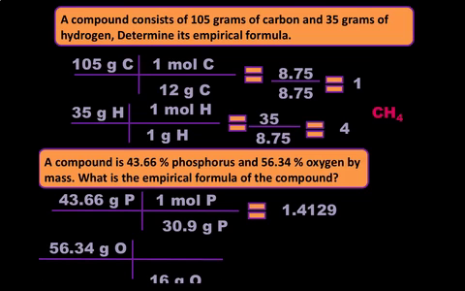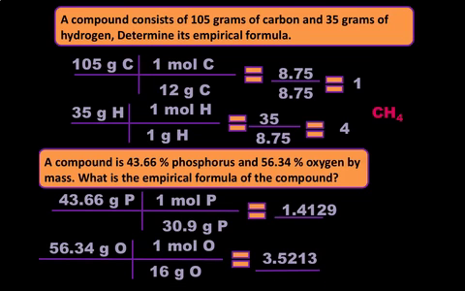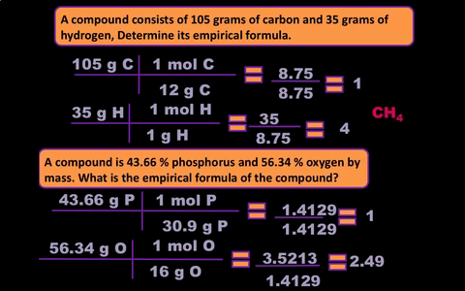Same thing for oxygen, using its gram formula mass, which is 16, and I get 3.5213. I'm going to divide by the smaller number, which is 1.4129. On phosphorus I get 1, and on oxygen I get 2.5.